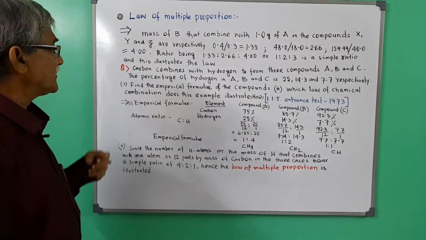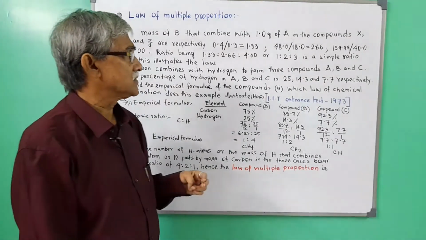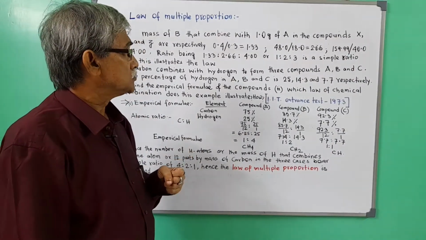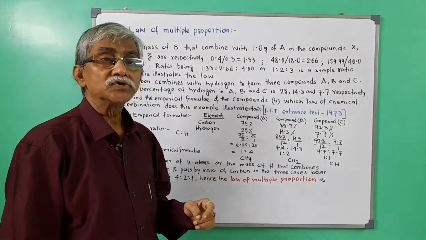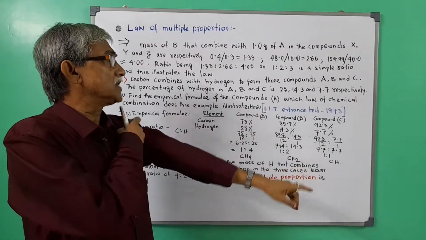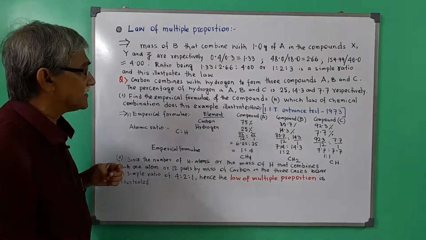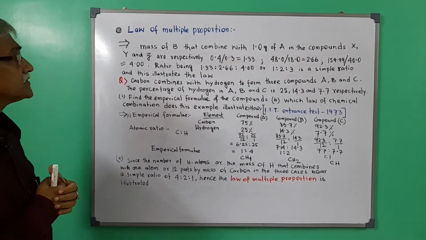Now there are two questions. One is find the empirical formula of the compounds, and number two, which law of chemical combination does this example illustrate and how? So this was the question in the IIT entrance test 1973. Now let us answer it.